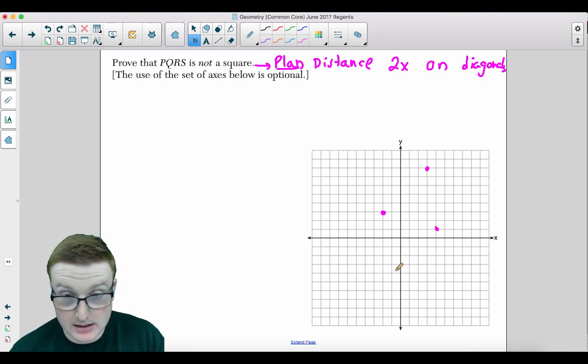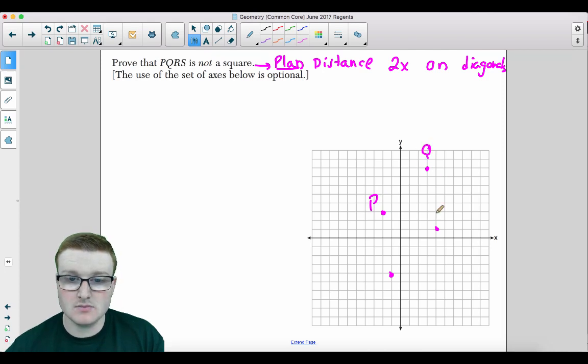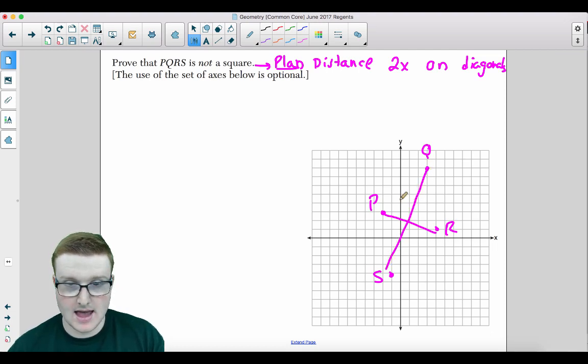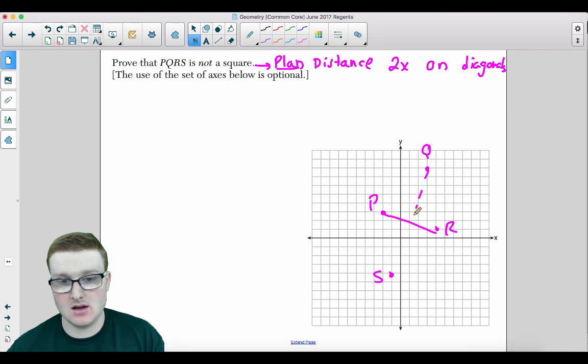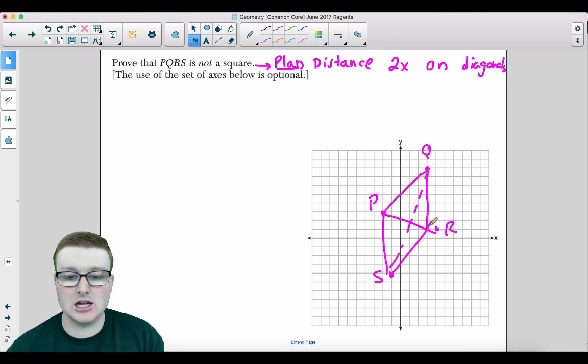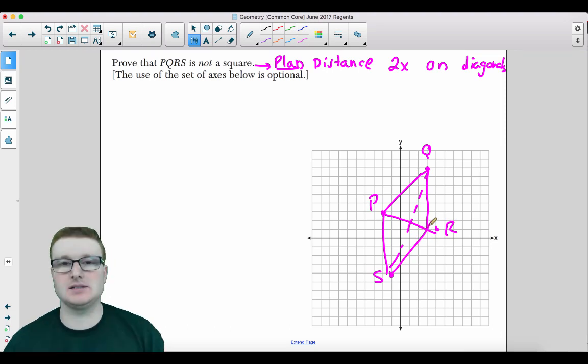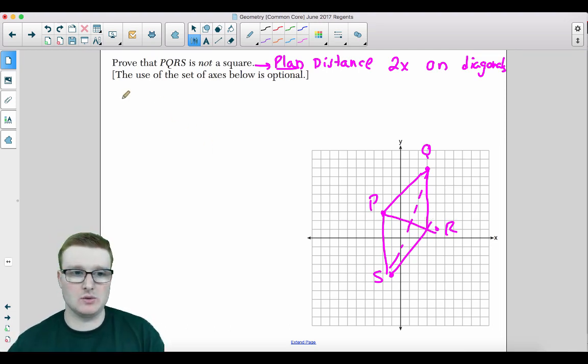And S is down here. Okay, so this is PQRS. So we're talking about diagonals PR and QS. We're trying to prove that these two diagonals are not, and clearly you could just tell off my disgusting diagram that those two diagonals are not congruent to each other.